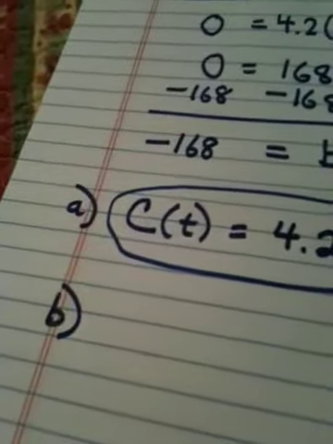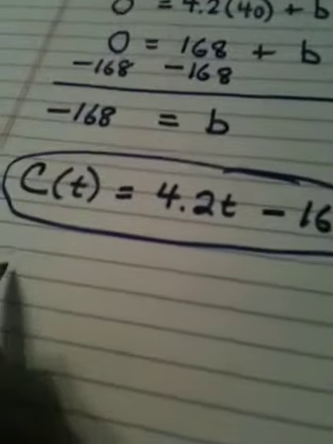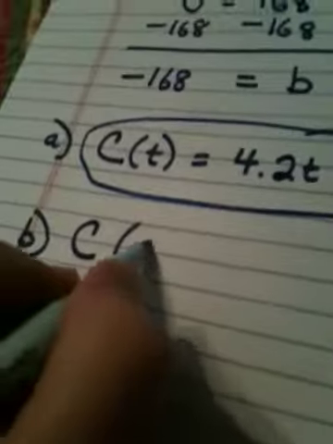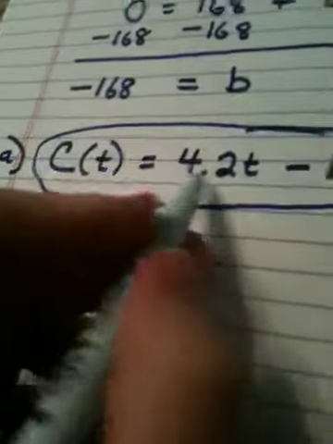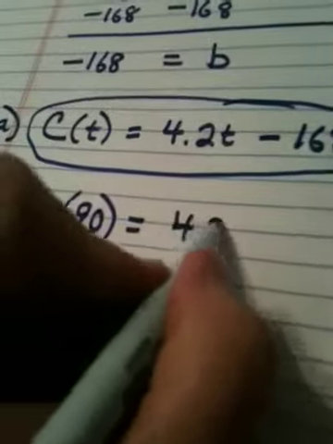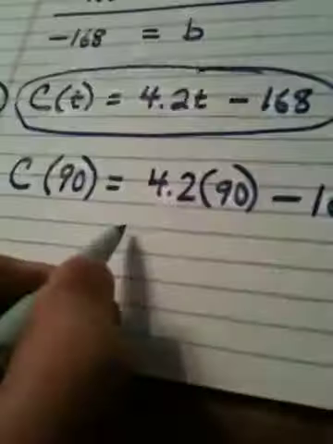The question says, how many chirps will they make at 90 degrees? So 90 is getting put in. And the answer would be 4.2 times 90 minus 168.